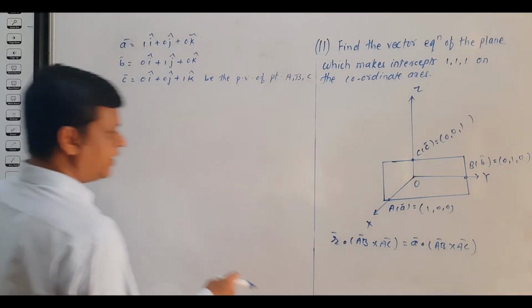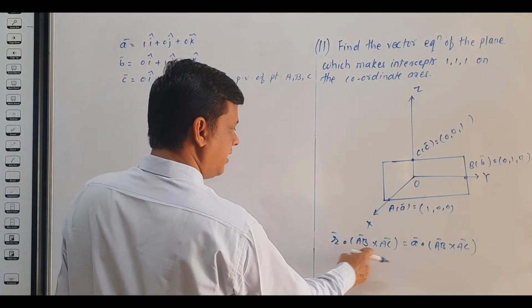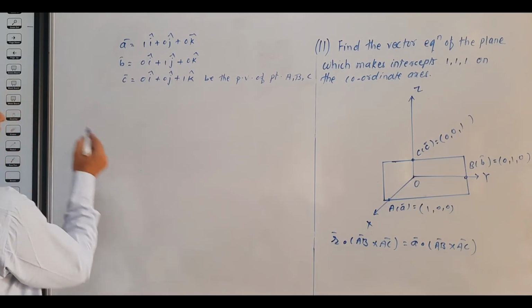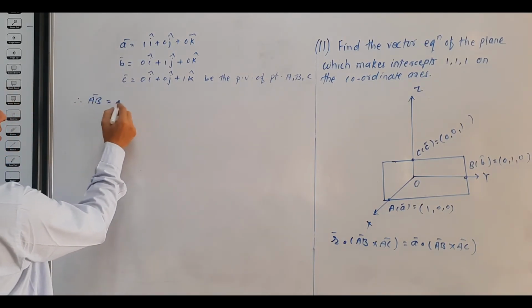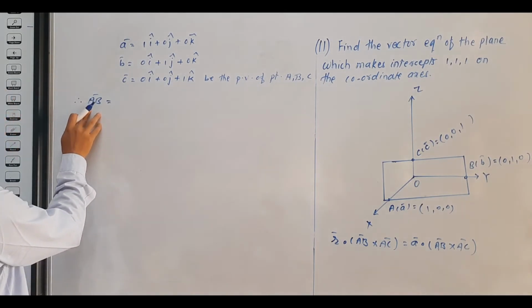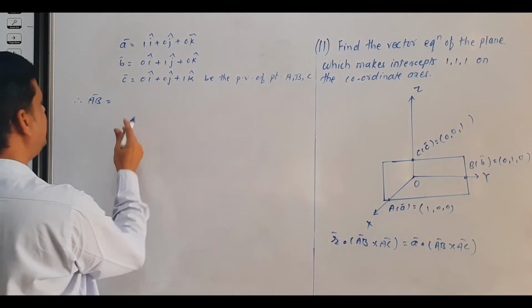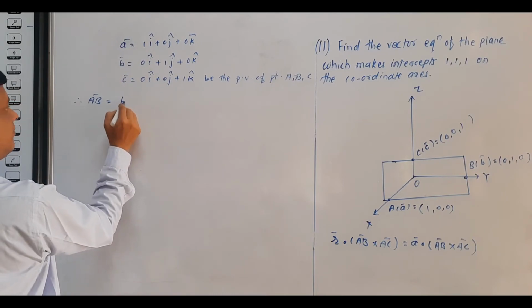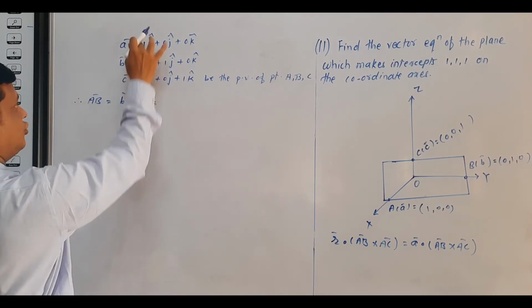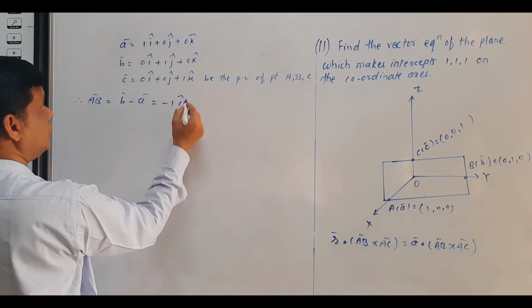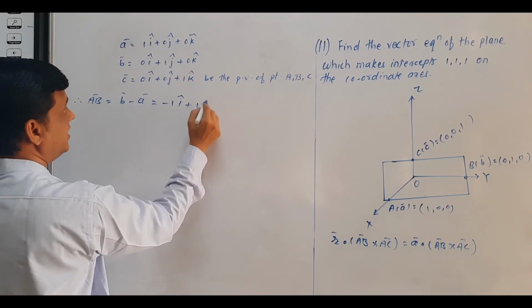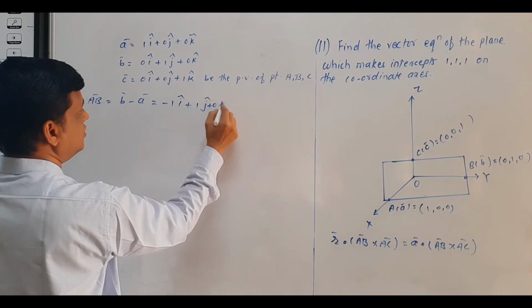So first we calculate the value of vector AB and vector AC. Therefore vector AB can be written as the position vector of B minus the position vector of A, so B bar minus A bar. So 0 minus 1 we get minus 1, so minus i; 1 minus 0 we get 1, so 1j; 0 minus 0, so we get 0k.